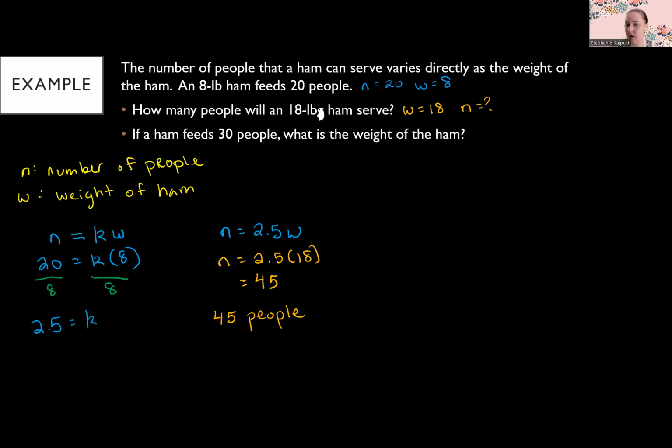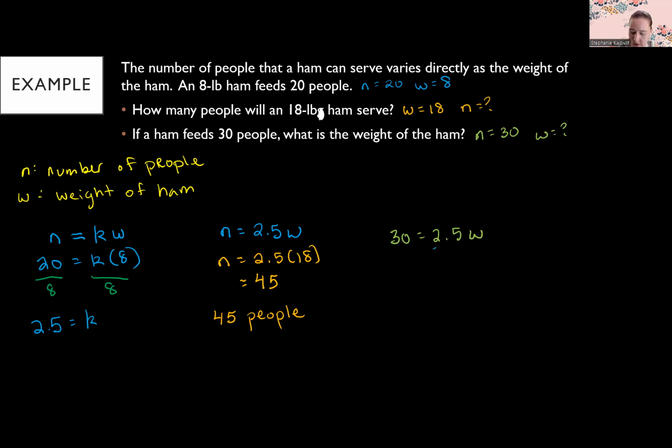And then we have a second question here. If a ham feeds 30 people, so n is equal to 30, what is the weight? So now we're plugging in a number for n and solving for w. So n is 30. So 30 equals 2.5 w, because now we don't know what w is.